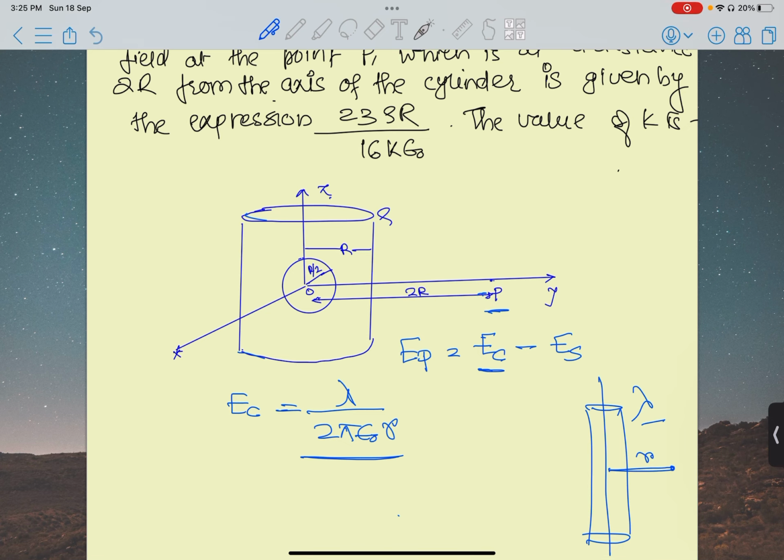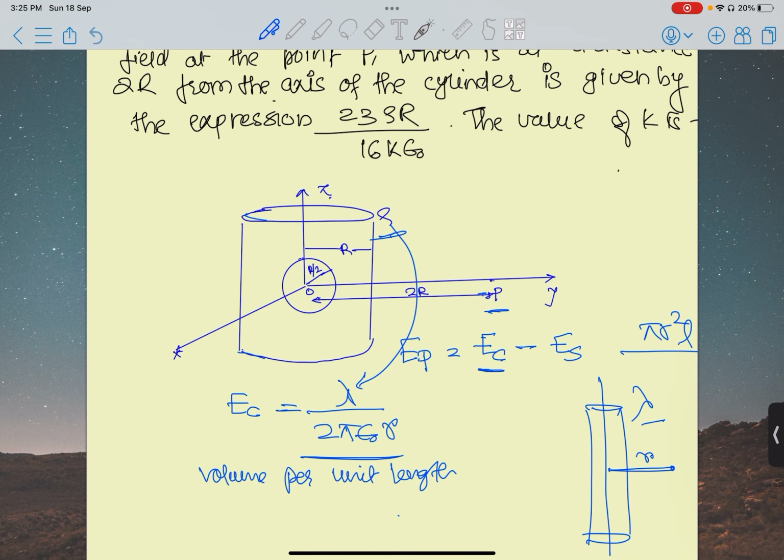But lambda is not given over here. Here the volume charge density is given. So how will you convert the volume charge density, means how will you get this lambda from this rho? We know the volume of the cylinder is pi R square L, right?